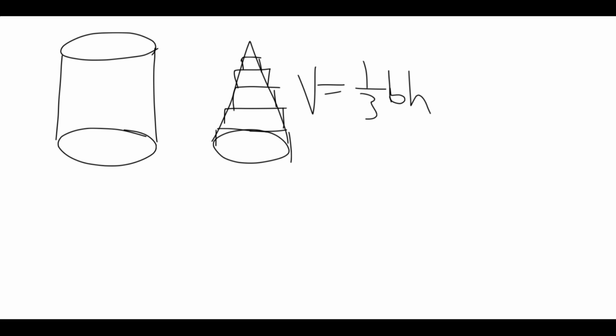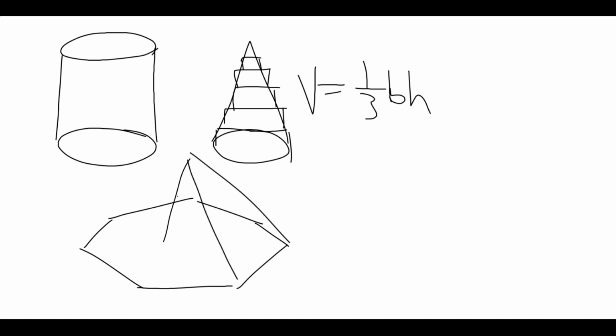So here's how that might have gone. If you have a pyramid with a base that can be any convex polygon, the volume is always 1/3 base times height. And it doesn't depend on the shape of the base, only the area of the base.